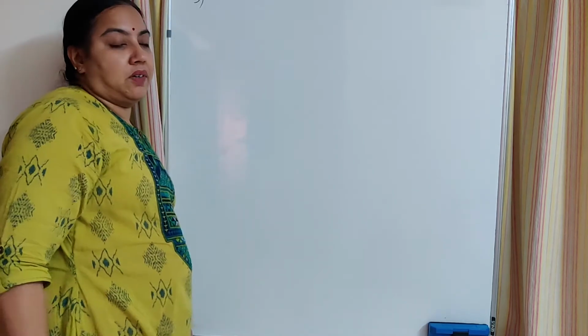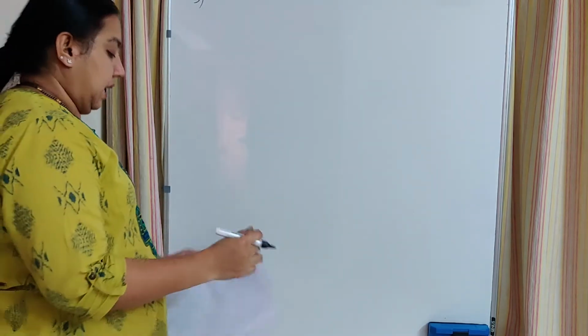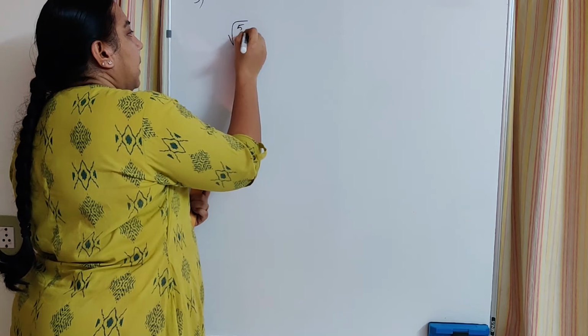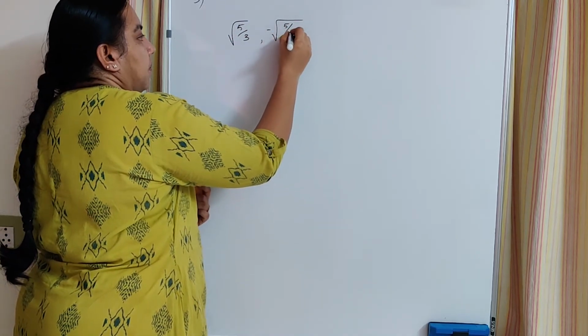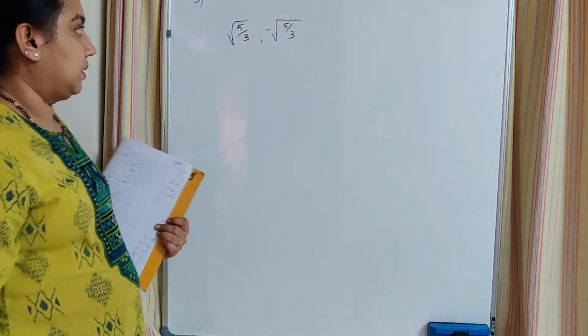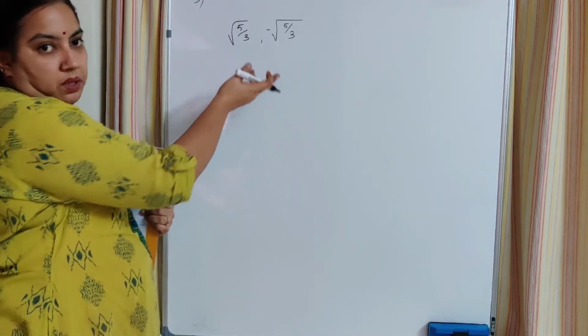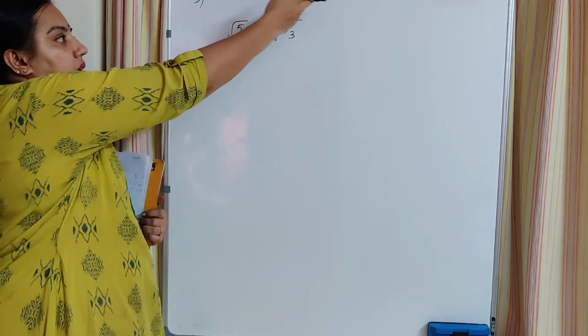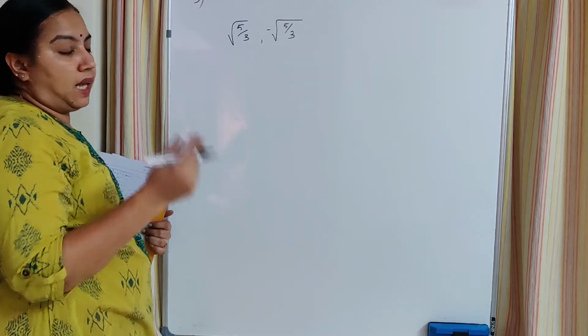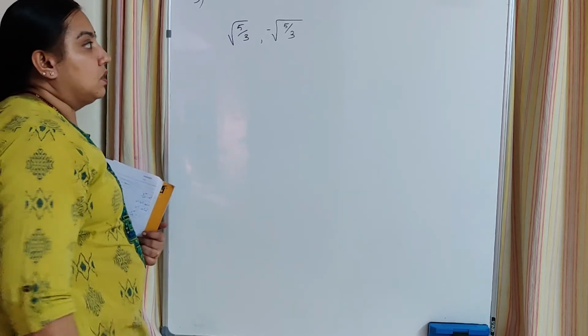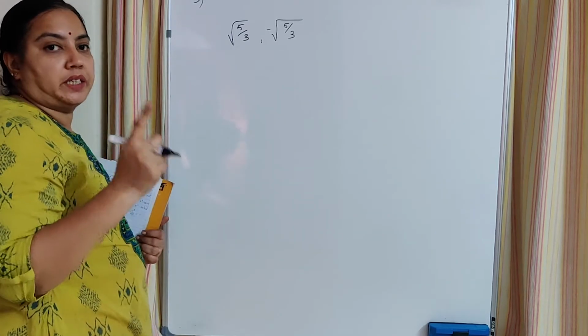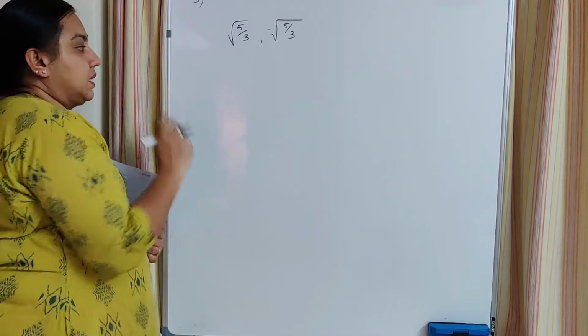In this sum, they have given the two zeros of the polynomial as square root of 5 by 3 and minus square root of 5 by 3. These two numbers are the zeros of the given polynomial. They are asking us to find the other two zeros. So with these two zeros, first we have to make them factors.